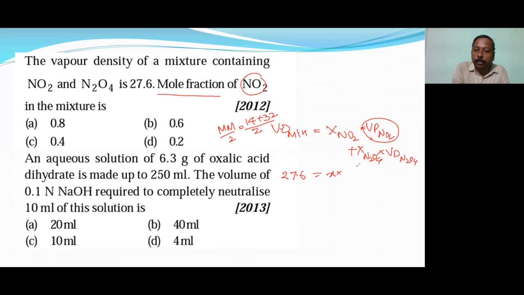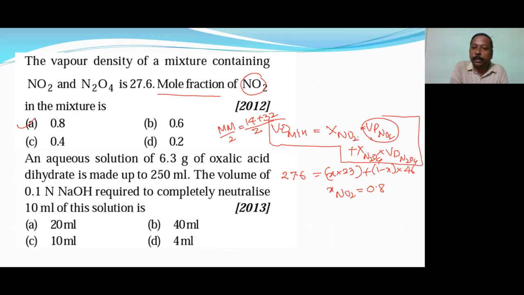So X into 23 plus (1 minus X) into the vapor density of N2O4, which will be 46. On simplifying, you will get the mole fraction of NO2 around 0.8, so option A is correct. I think the first question is clear to all of you. The formula we have used is: vapor density of mixture is equal to mole fraction into its vapor density.